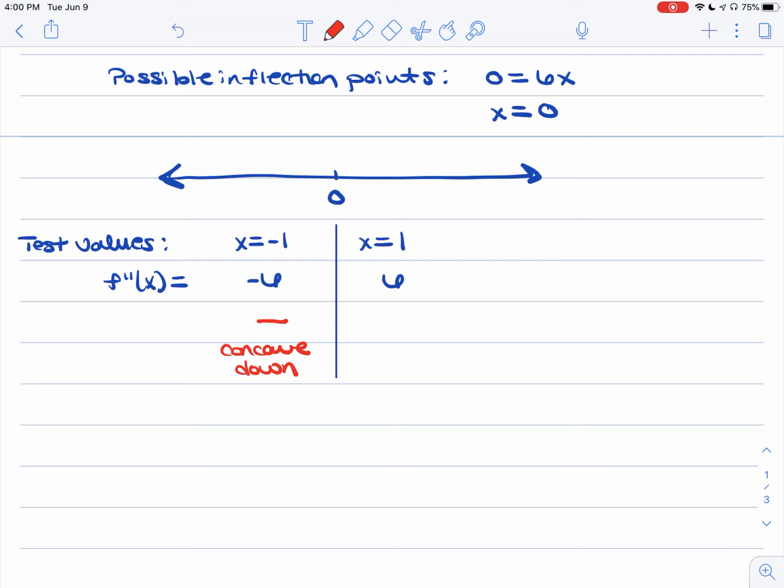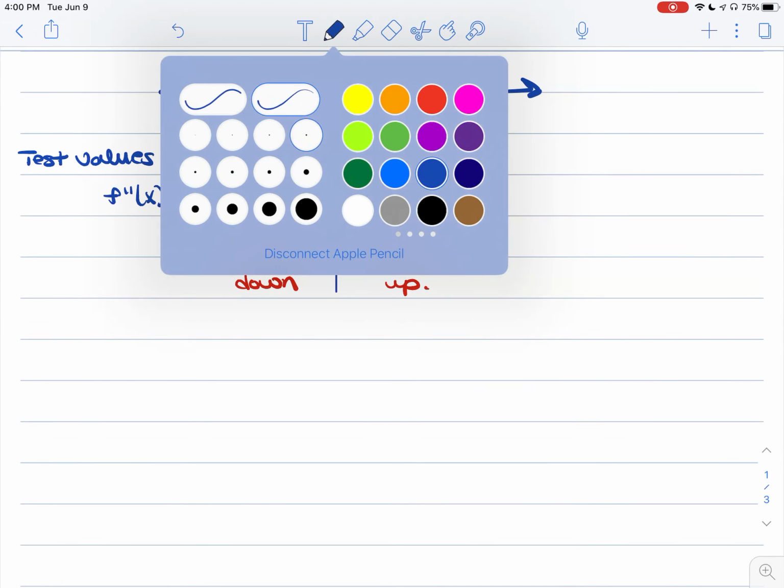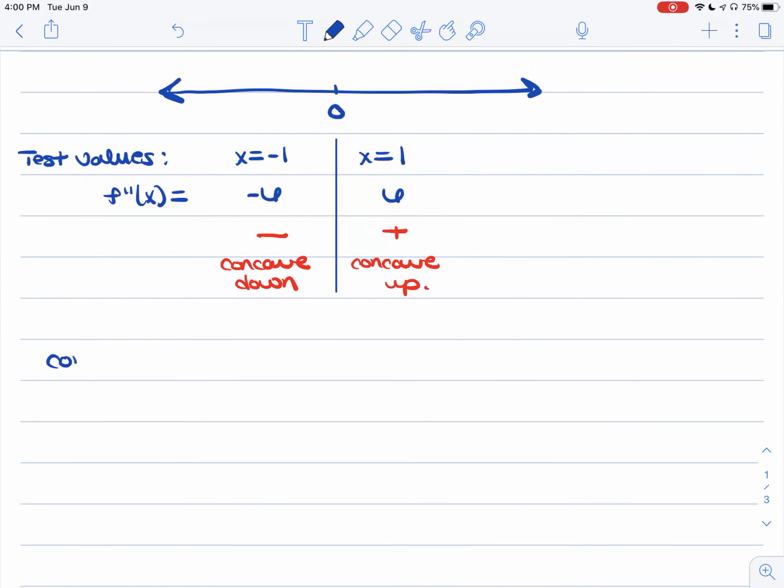And then to the right of 0, we came up with a +6. And where our second derivative is positive, the function is concave up.